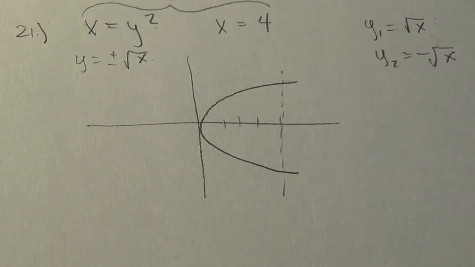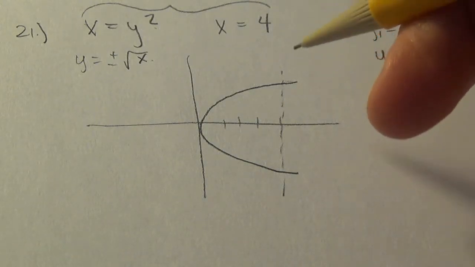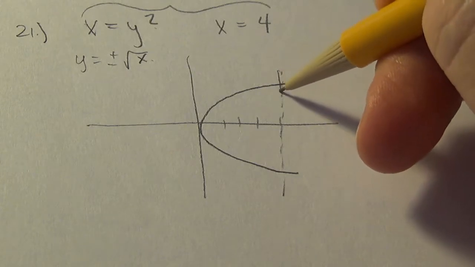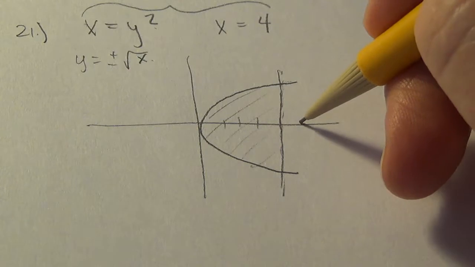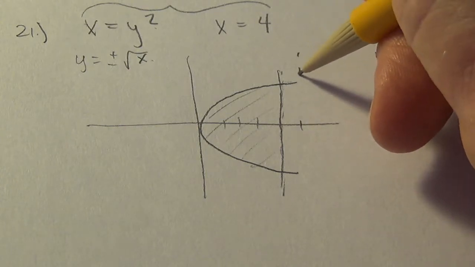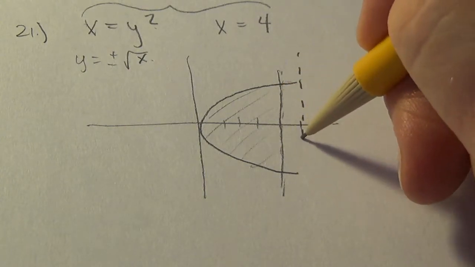So now that I have that, I'm going to revolve this around x equals 5. I usually dot the line I'm going to revolve around.